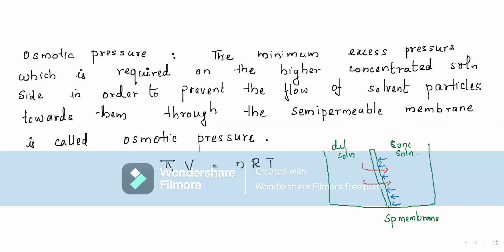If you cannot memorize this as it is, you can just write: the pressure which just stops the process of osmosis is called the osmotic pressure.